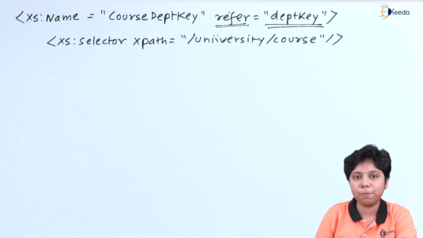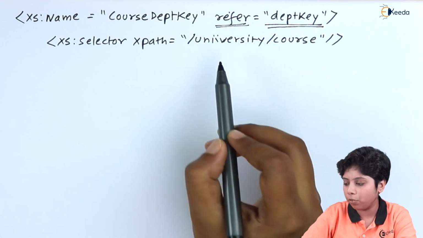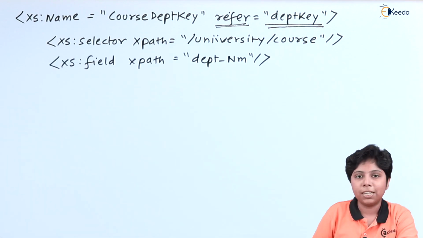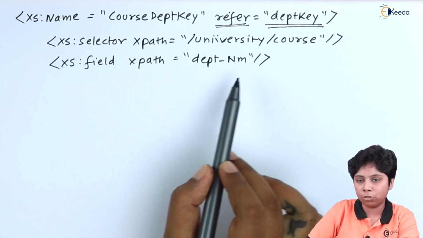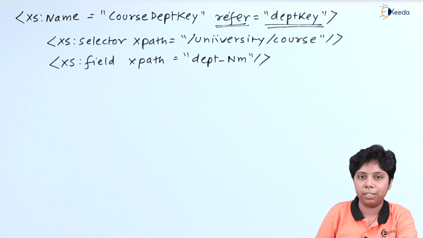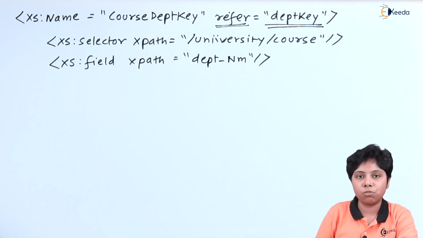The selector XPath is the same as for the primary key, that it has its scope in the university and course elements. Now the field states which field has a reference to the different key. So department name on the course element is a reference to the department key, which has the department name of the department element.